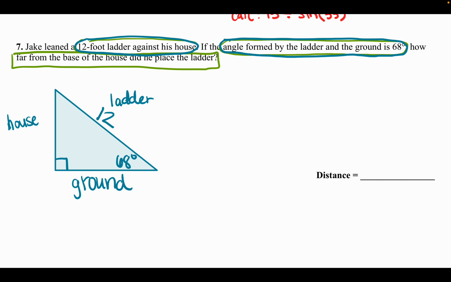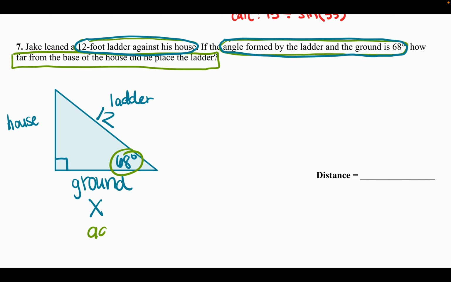And then your boxed question says, how far from the base of the house did you place the ladder? So our x is from the base of our house to where the ladder is on the ground. So that makes the bottom of our triangle our x. Now we can solve. So here's my reference angle.